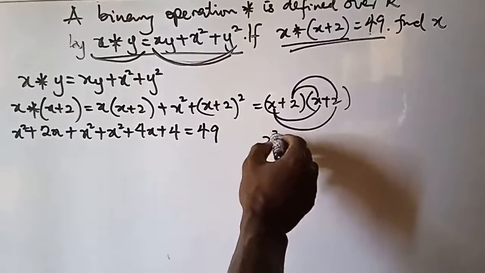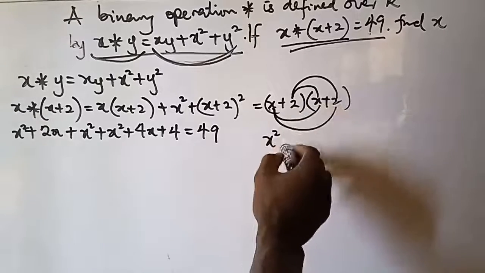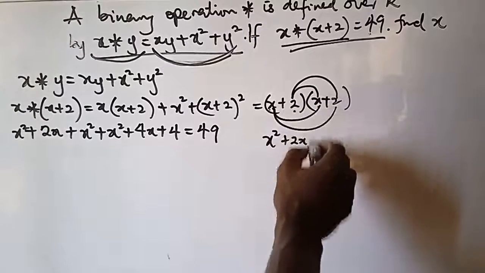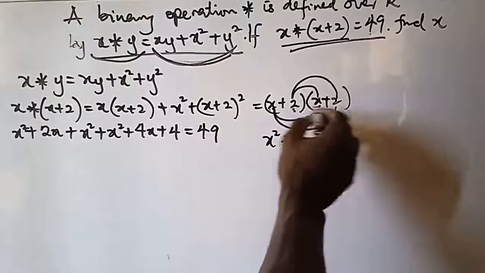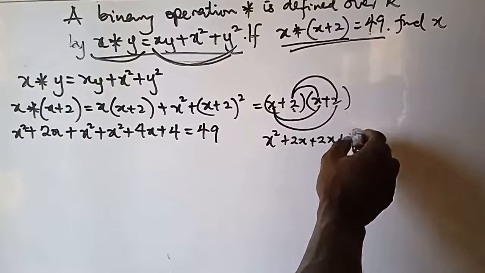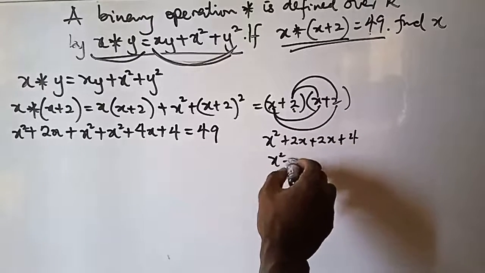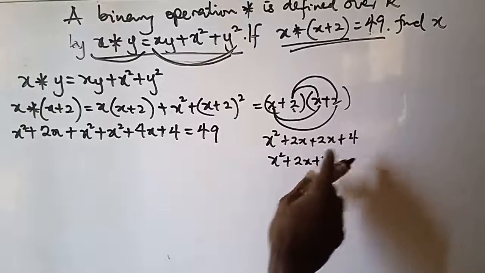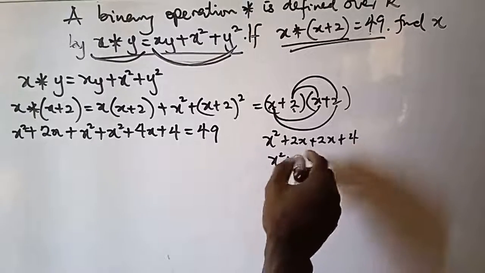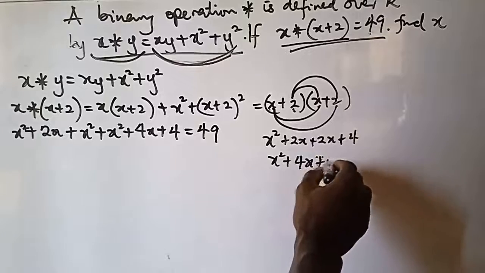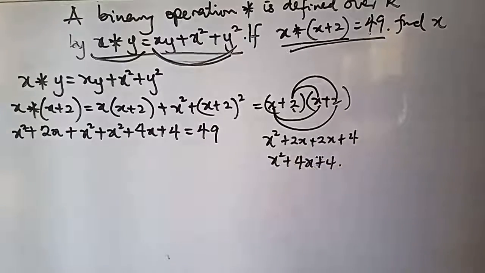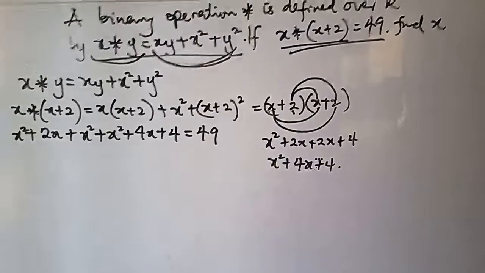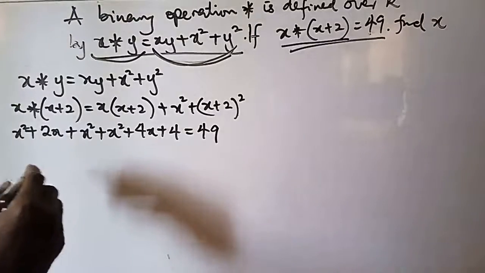That gives us x squared, then 2x, 2x, and plus 4. So x squared plus 2x plus 2x gives us 4x plus 4, and that's how we got this.